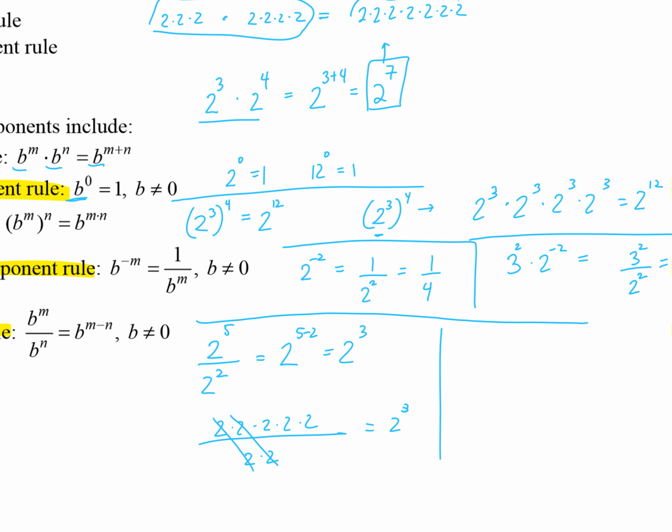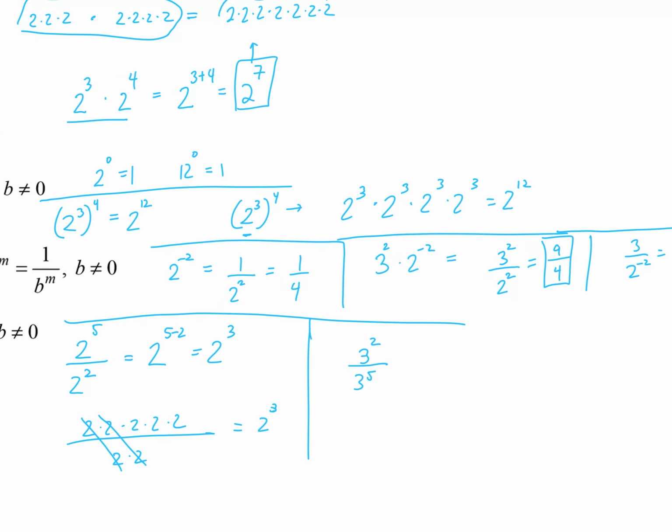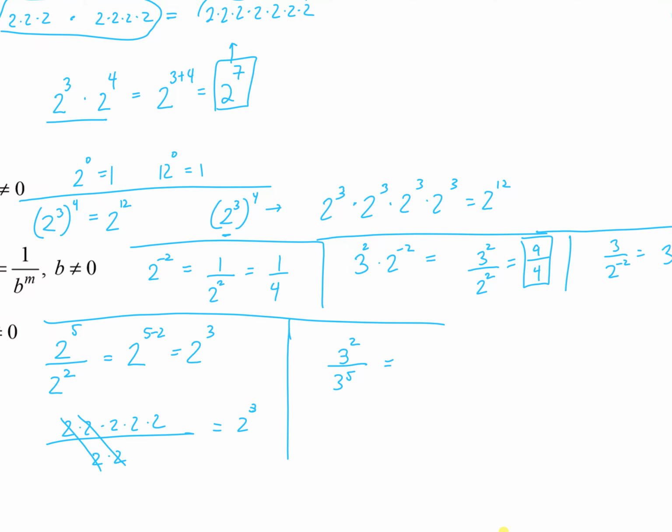What if it was backwards? What if you saw something like this? Let's put 3 to the 2nd power over 3 to the 5th power. Well, it would be 3 to the 2 minus 5, right? If you did it the way that they showed you, which is 3 to the negative 3. But negative exponents mean it's on the wrong side of the fraction, so it's really 1 over 3 cubed.